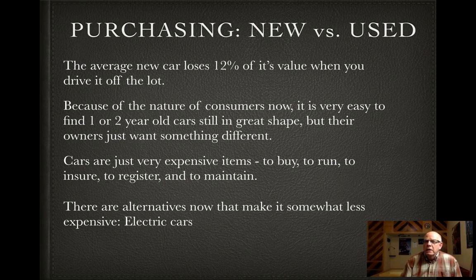And so on an electric car, really the only thing that you maintain is the brakes, which you don't use very often because there's another way of slowing down the car, using an electromagnetic magnet on the drivetrain. Brakes and tires are pretty much all that you maintain on an electric car, so that maintenance is way down.